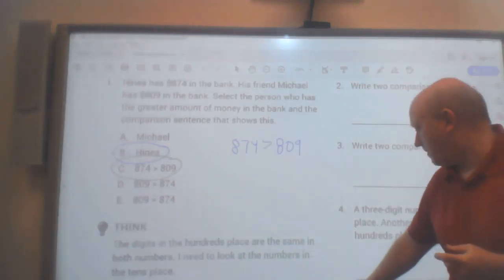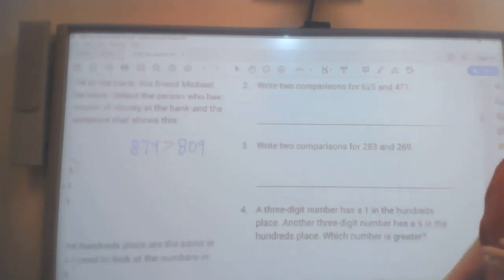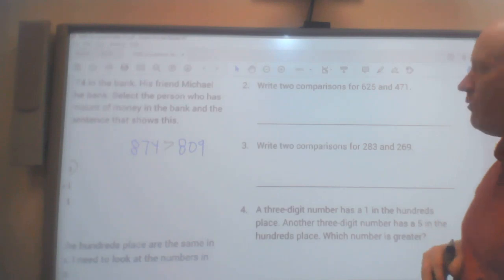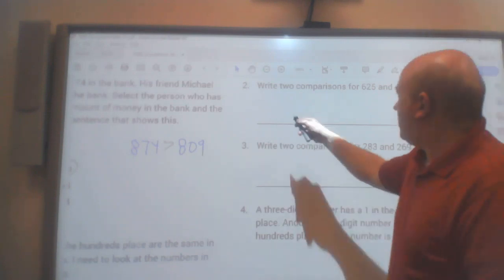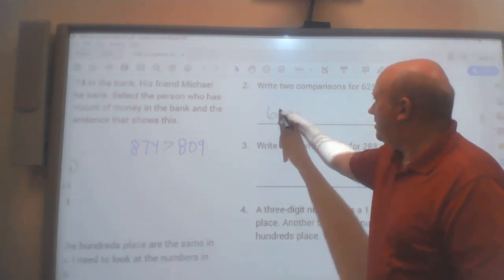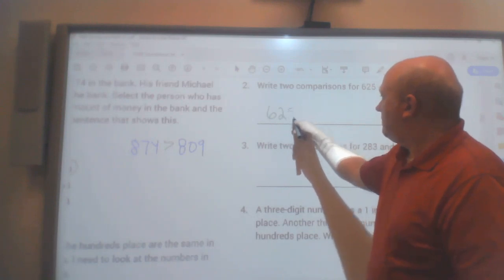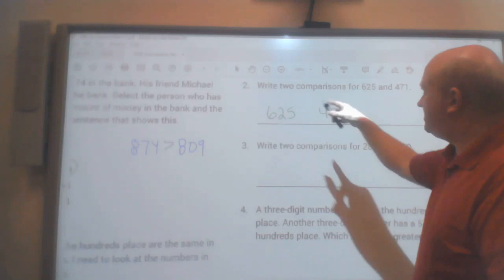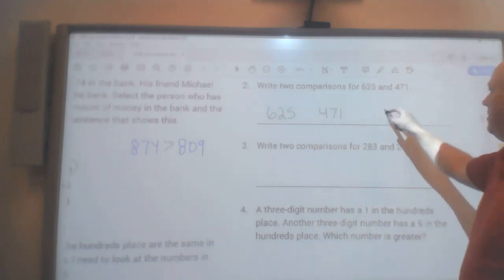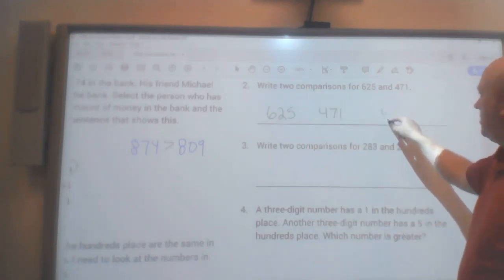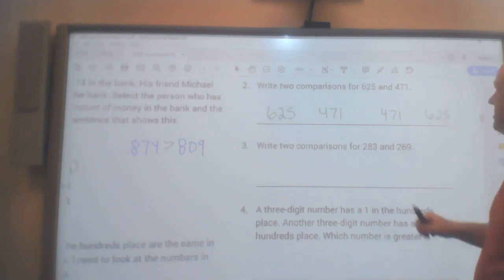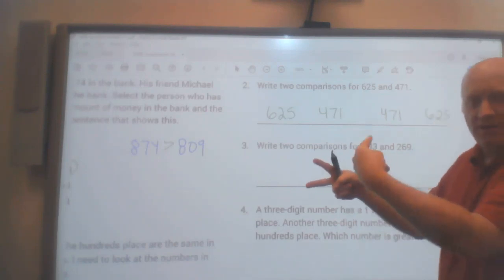Now, look at number 2. Number 2 says write two comparisons of 625 and 471. Okay? So I got 625 and 471. And then it said I gotta write 2, right? Now it says write two comparisons using the symbols.